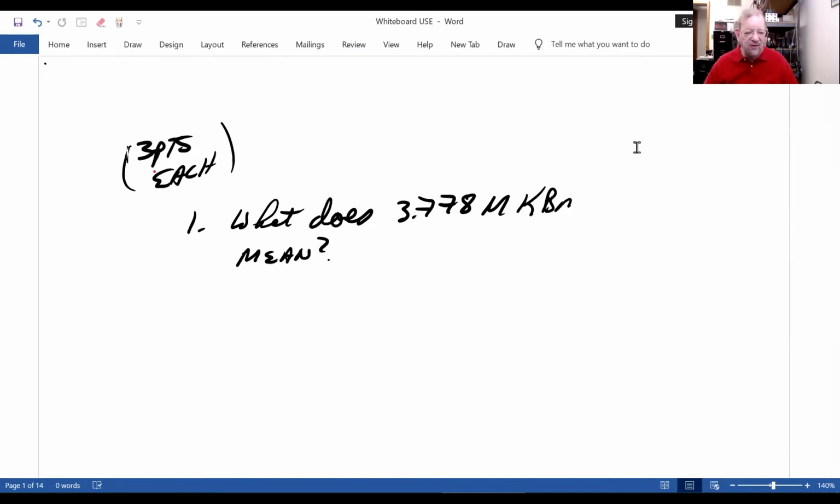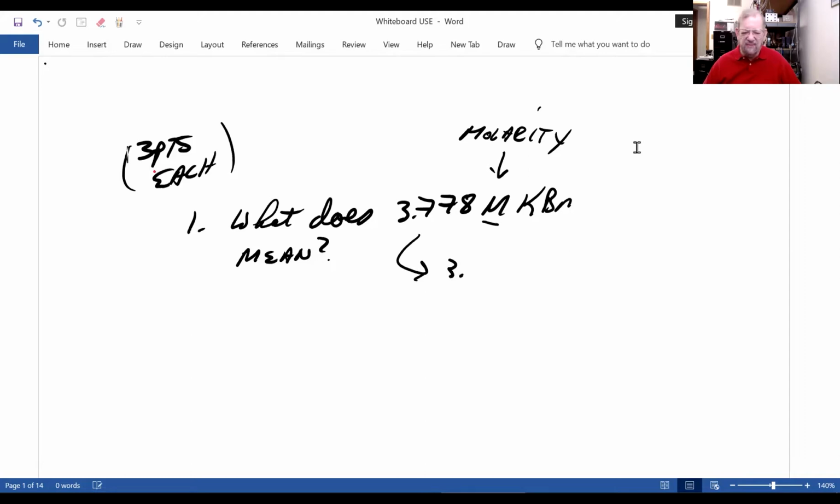All right. Now the question is, what does 3.778 capital M KBr mean? Well, I'm going to do this one because I want to. Whenever you see capital M, that means molarity. And what is molarity? Moles of solute per 1,000 milliliters. So what does this mean?